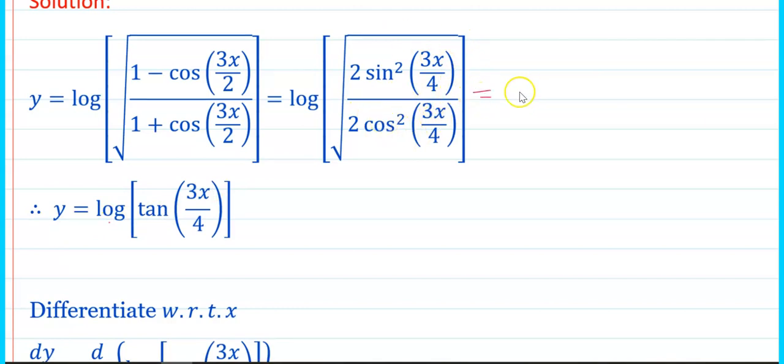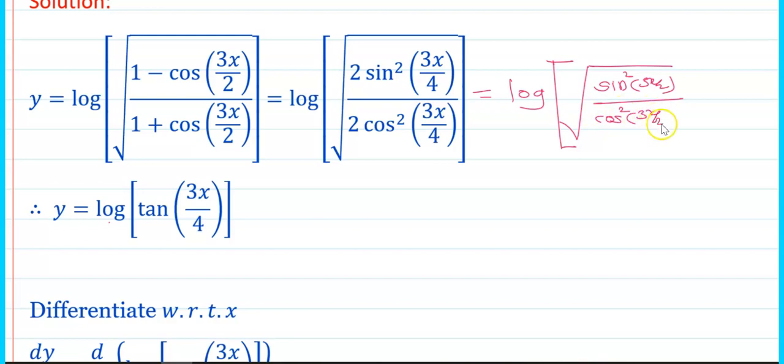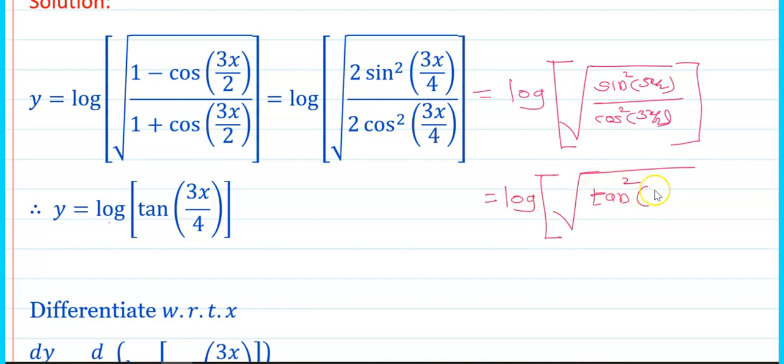Again, I will write one more step here. Log of root of sin square 3x upon 2 upon cos square 3x upon 2, the bracket is completed, and you are getting log of root of tan square 3x upon 2.